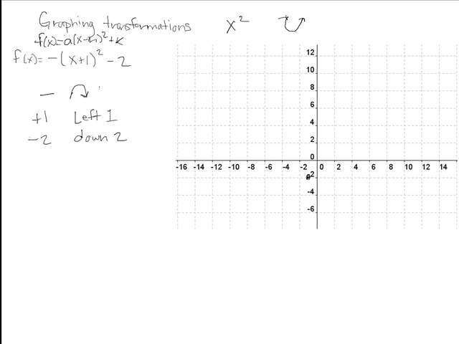This a out in front is going to tell me how far down I need to move after I've moved 1 over. Since a is 1 in this problem, anytime you don't see a number, it means it's 1. And so since a is 1 here, that means that we will move 1 to the right and down 1. Now if that number were 2, we would have moved down 2.